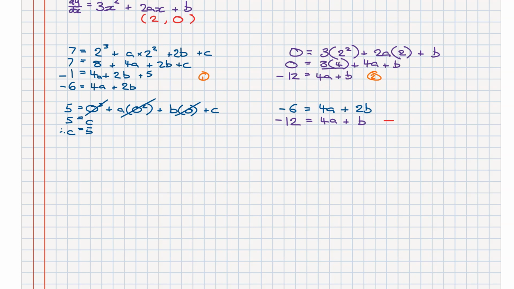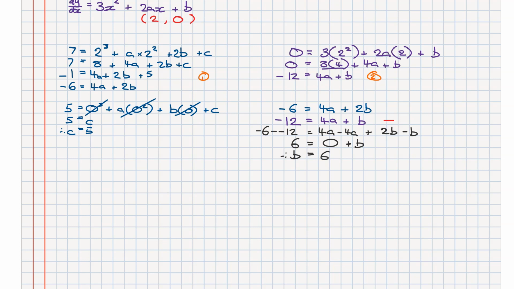So negative 6 minus negative 12, 4a minus 4a, plus 2b minus b. The two negatives become a positive, so it's just 6. The 4a's cancel out, and then it's plus b. So b equals 6.